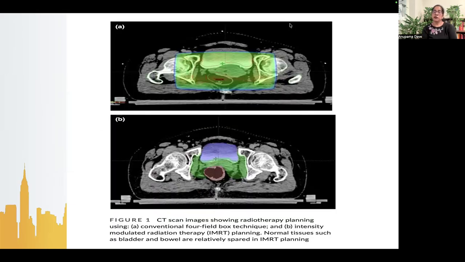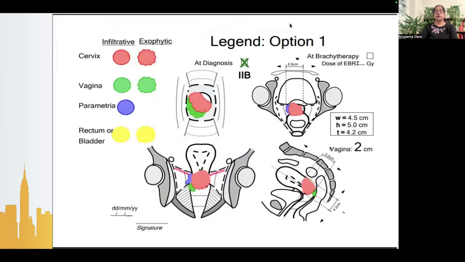So this figure shows CT scan images with radiotherapy planning. In A, the conventional four-field box technique is shown, while in B, with intensity modulated radiation therapy planning, normal tissues such as bladder and bowel are relatively spared in this IMRT plan. This is a template which is used to identify the site of the tumor and the extent of radiation which has to be given.